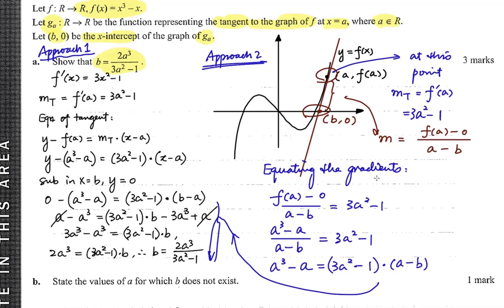So my approach is relatively new and more technology based. Therefore, approach 1 will be more technology based, using your CAS calculator and then doing the necessary by hand calculation. Whereas approach 2 is a very clever approach, a very famous approach called equating the gradients, very important in math methods.